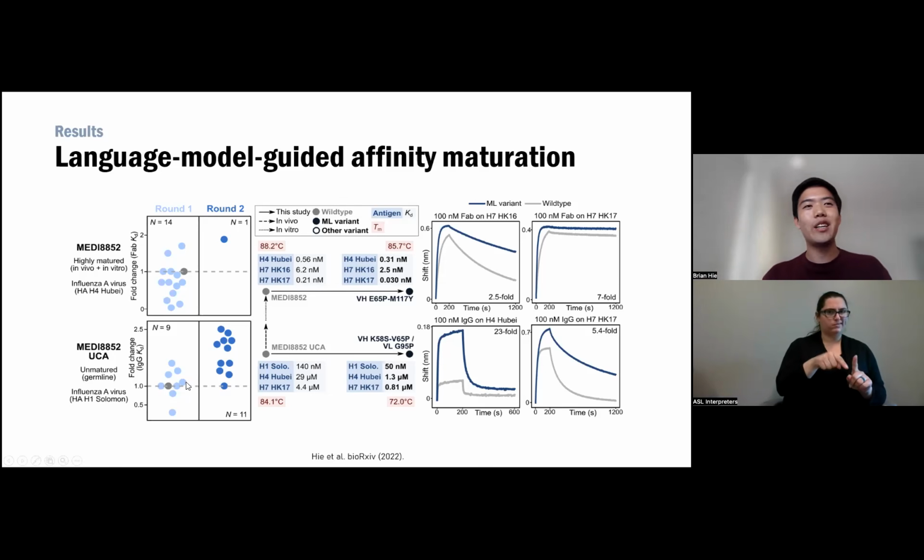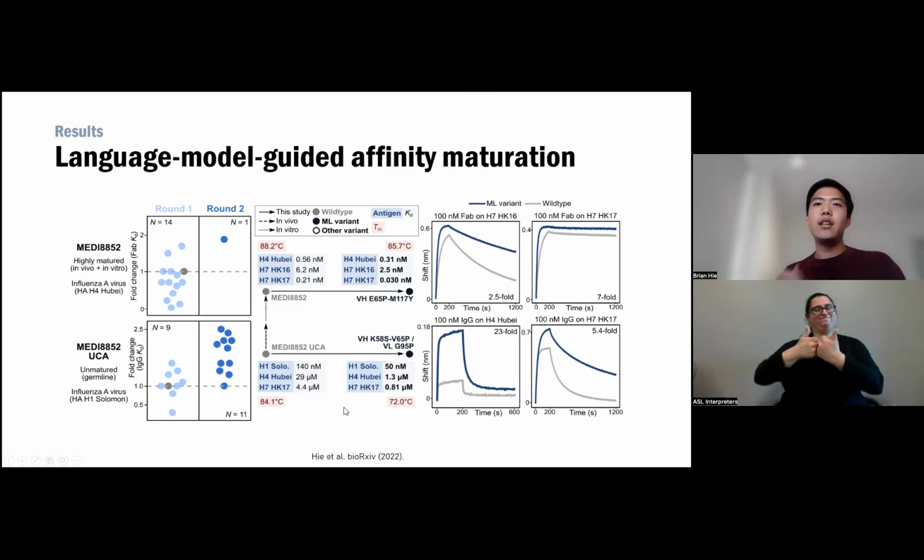And so we recombine all possible combinations of these 4 substitutions in round 2, and thankfully the improvement in affinity seems to be on average much higher than in round 1.